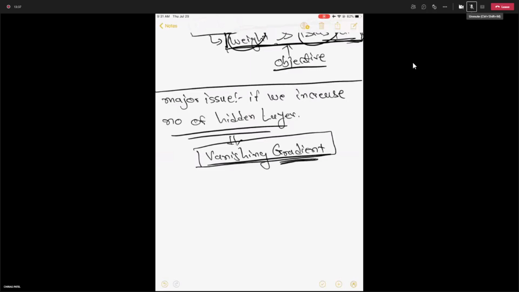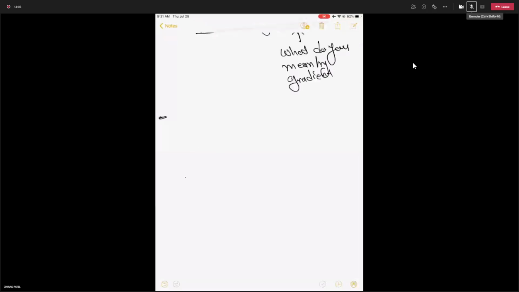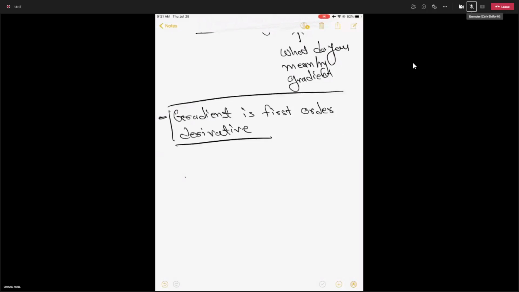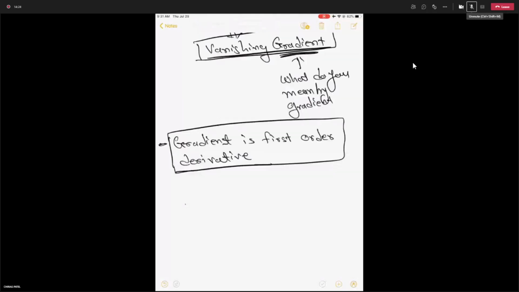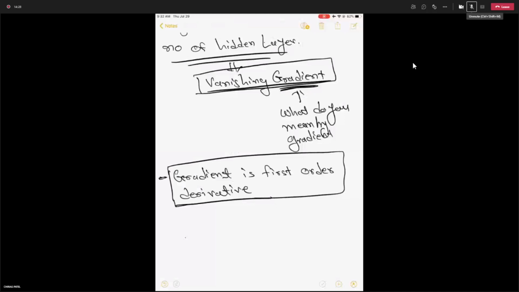If we talk about only the gradient, your gradient is the first order derivative, and basically we are vanishing your first order derivative.